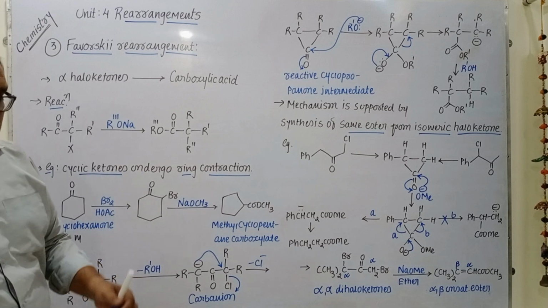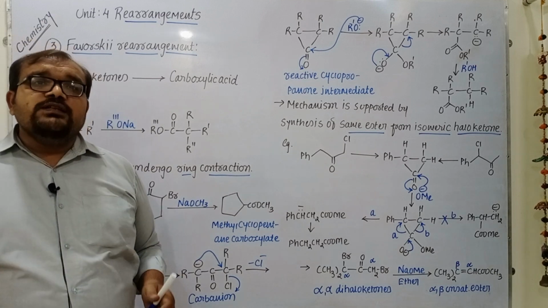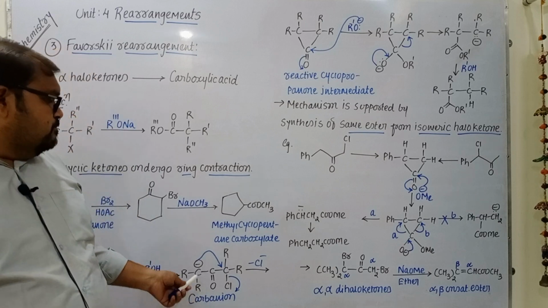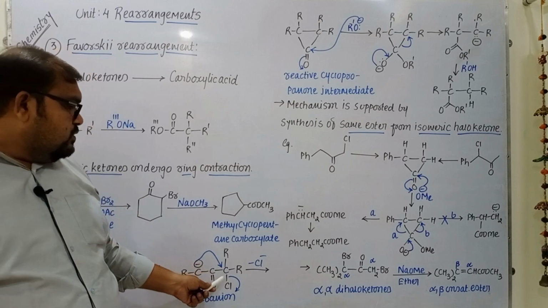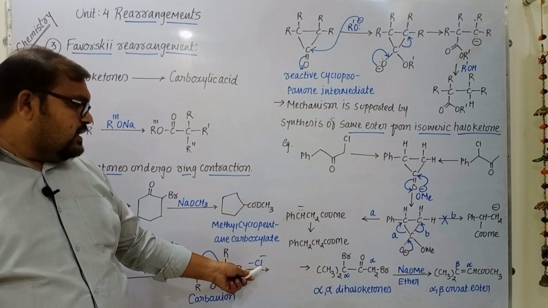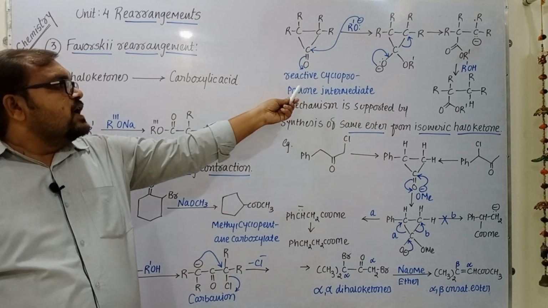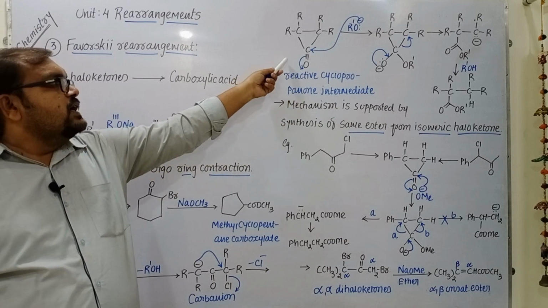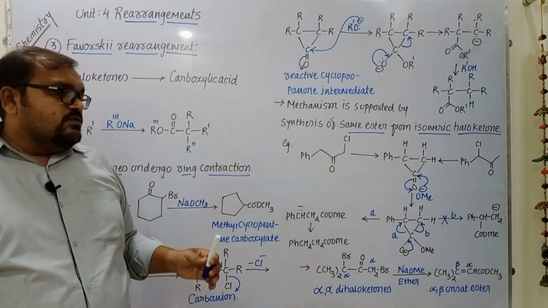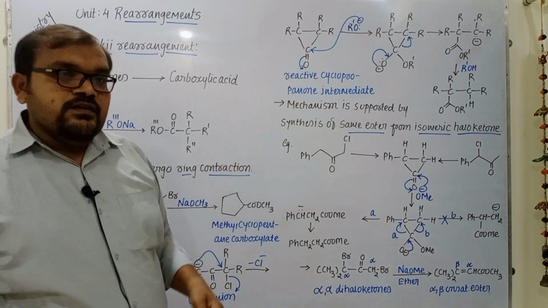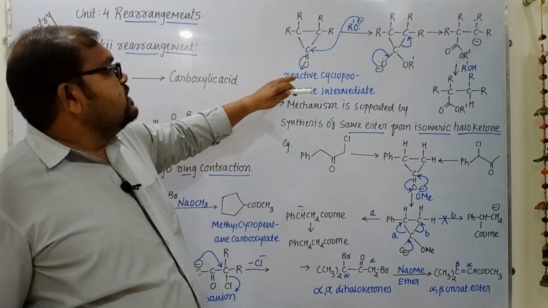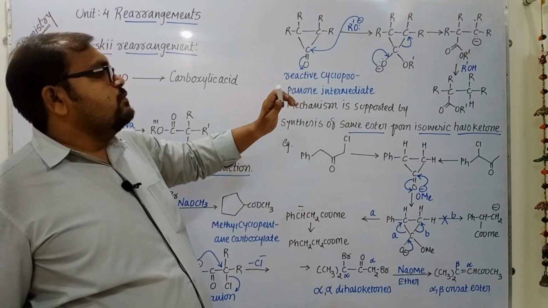After formation of this carbanion intermediate, it will undergo loss of chloride and be converted into a reactive cyclopropanone intermediate, as we can see. After formation of this reactive cyclopropanone intermediate, what will happen?